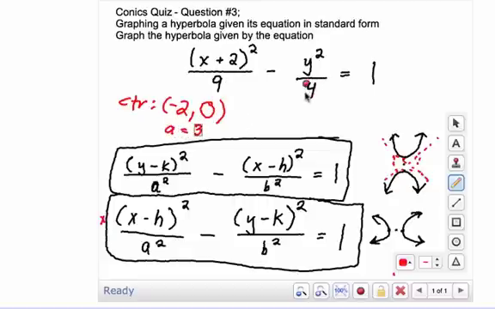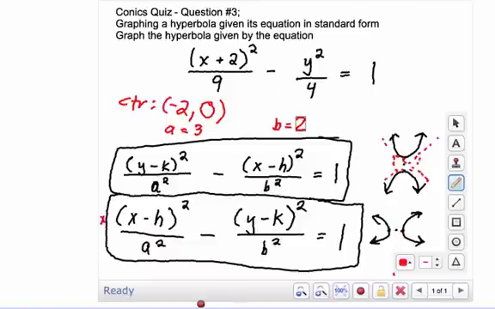And if b squared is 4, then b is 2. We're going to use that center -2, 0, and remember that we're going to go to the right with the a value, and then to the left, and then we're going to go up with the b value and make our little box.